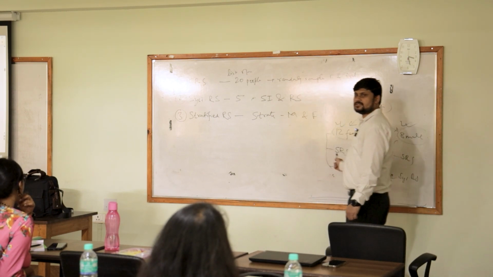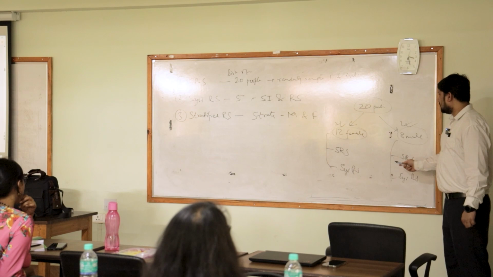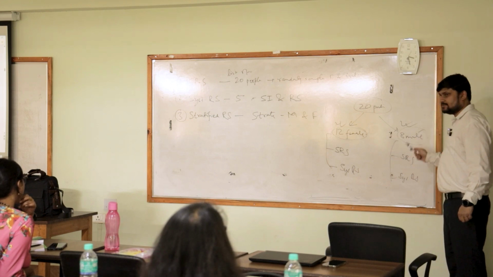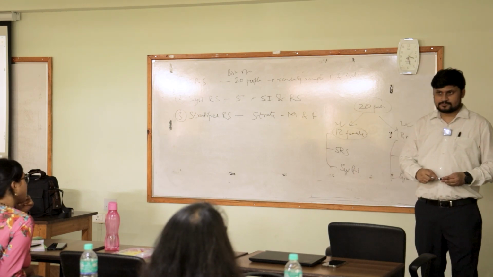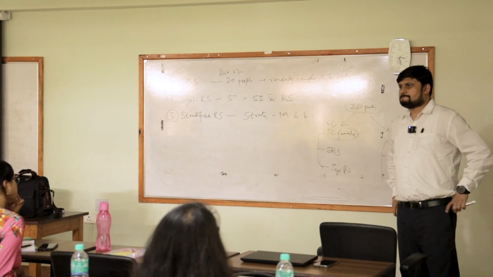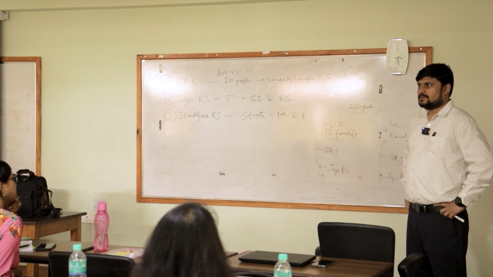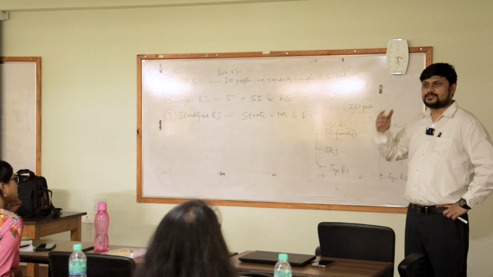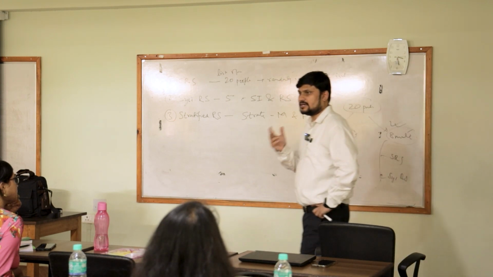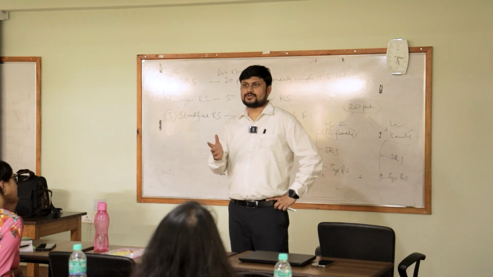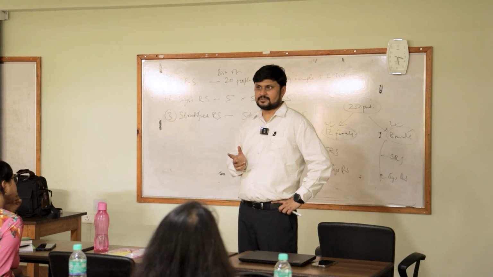Okay, why do we do this? Why did we differentiate between males and females? Because the objective of the research is to understand the difference between the education status of the males and females.